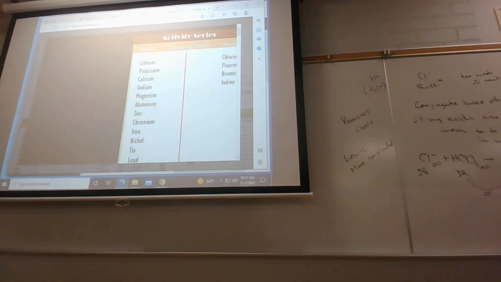The chart method: the advantage is you don't have to memorize the exceptions. It should work. The disadvantage is it takes more time. So I don't really spend much time with single replacement. Instead, I just use the chart, so we don't have to worry about this.